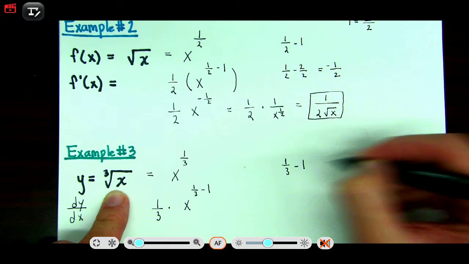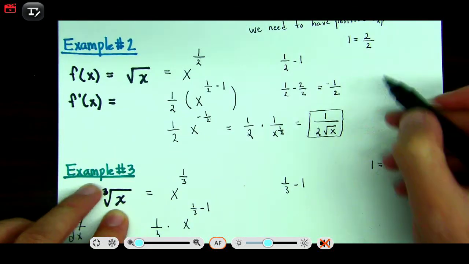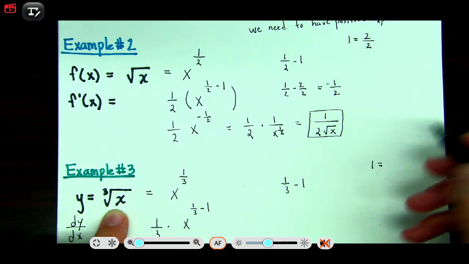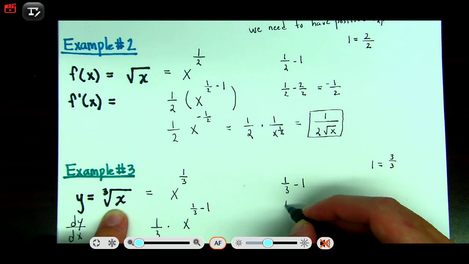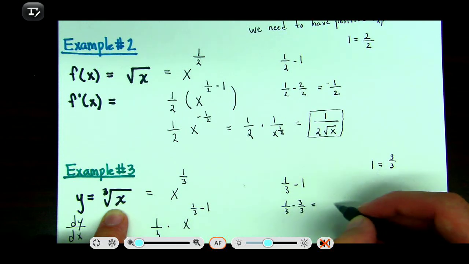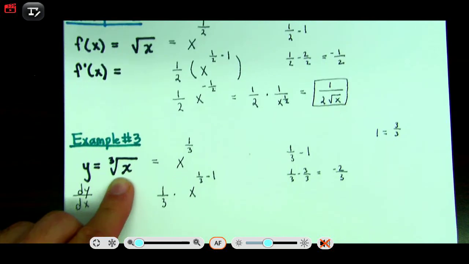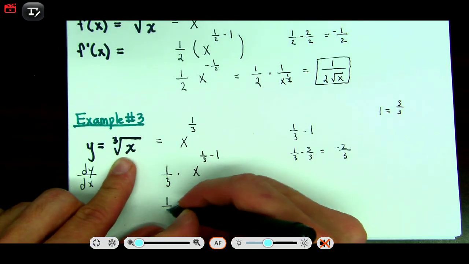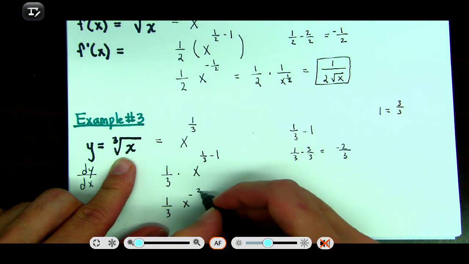Notice that 1 is equal to, before we had it as 2 over 2, what are we going to have here? As 3 over 3, so we could subtract this, right? So this is 1 over 3 minus 3 over 3, which is equal to negative 2 over 3. Because notice that the denominators are the same, and we're just doing 1 minus 3. So, okay, not too bad. So now we just have 1/3 x to the negative 2 over 3.